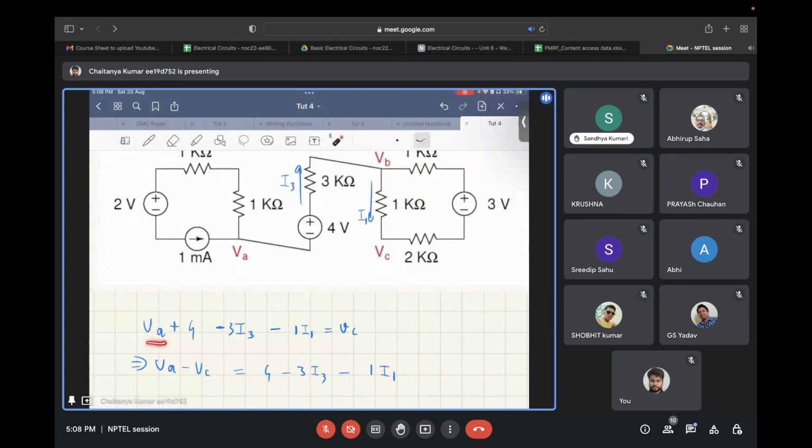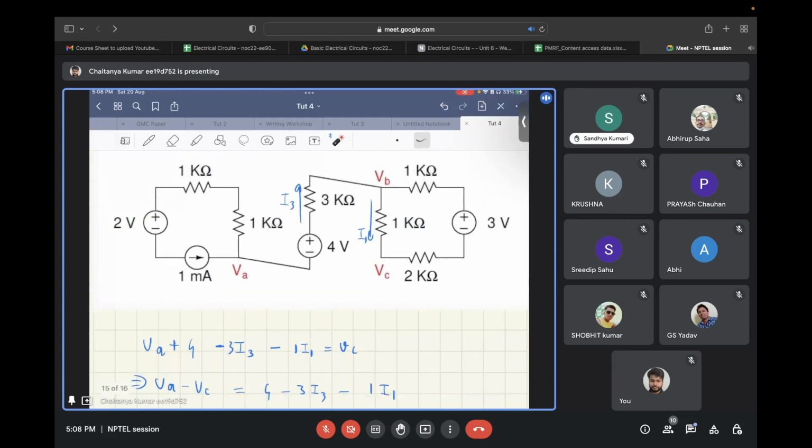So that comes out to be VA plus 4 volts, since this voltage source is adding voltage, minus 3 times I3 minus 1 times I1, and that equals VC. So VA minus VC comes out to be 4 minus 3 I3 minus 1 I1.